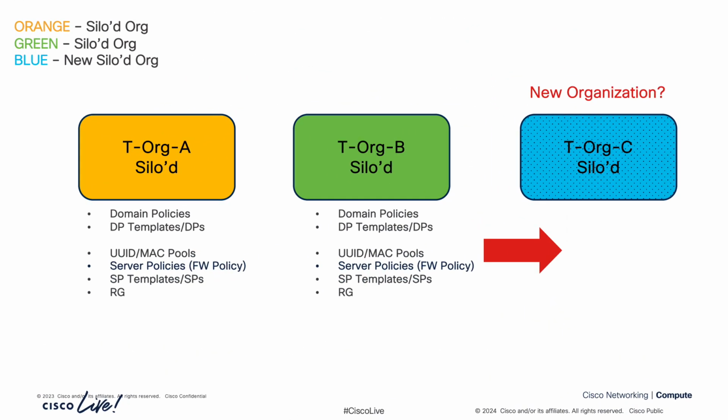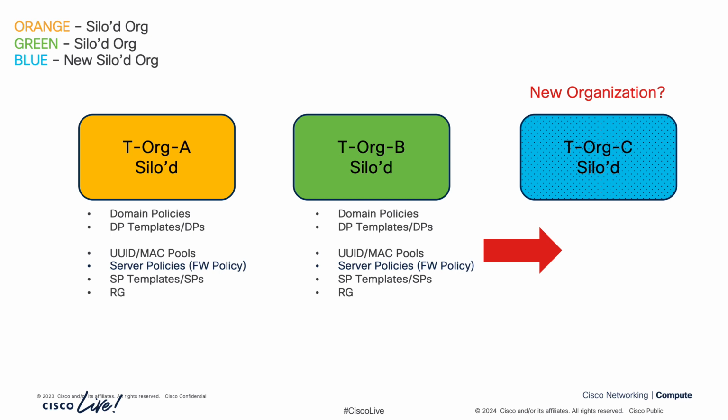In this next demonstration, we're going to talk about cloning, policy cloning across organizations. So a likely scenario is, since we've been talking about shared organizations, and in the next section we're going to talk about transitioning from a siloed organizational model to a more efficient shared organization model, you're likely going to be using this cloning functionality.